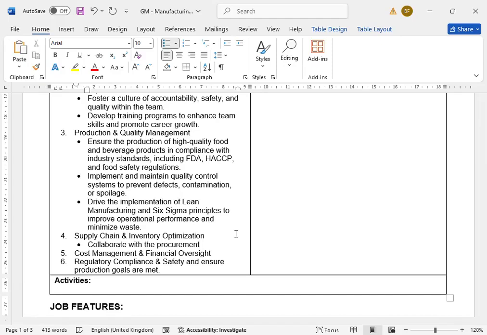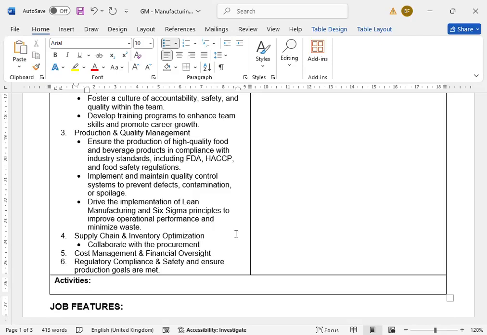So the procurement has the capital, the running capital, the operations capital. They get all the money, in short, because they're buying raw materials.